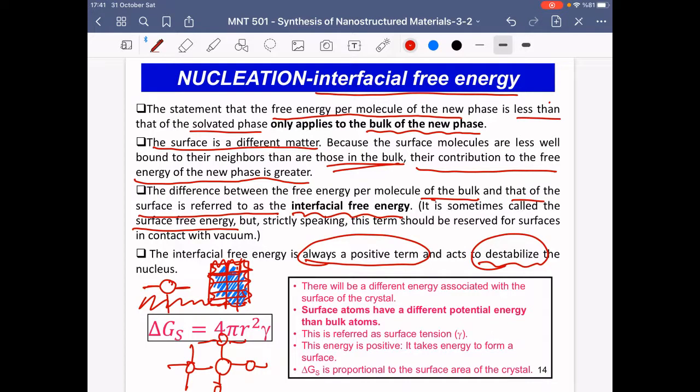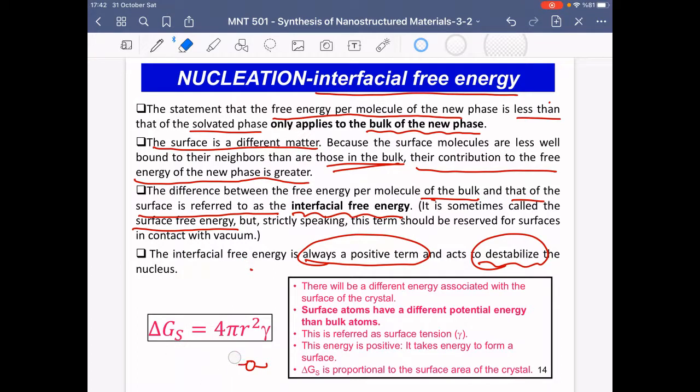Okay, this is a very, very important concept. I wrote so many things here. Let me clear up the space around this very important equation here, which is this one.